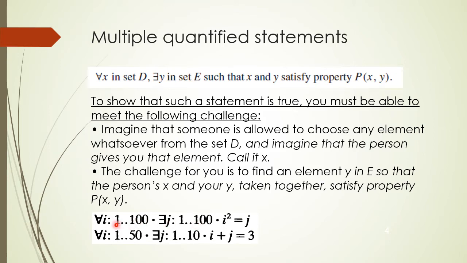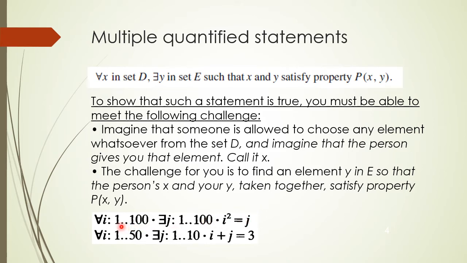Yes, first you choose 1 and 1 squared is equal to 1, it is okay. Then you choose 2, 2 squared is 4, yes, you can find 4 here, it is true. Then you pick 3, 3 squared is 9, you can find 9 here, it is true.